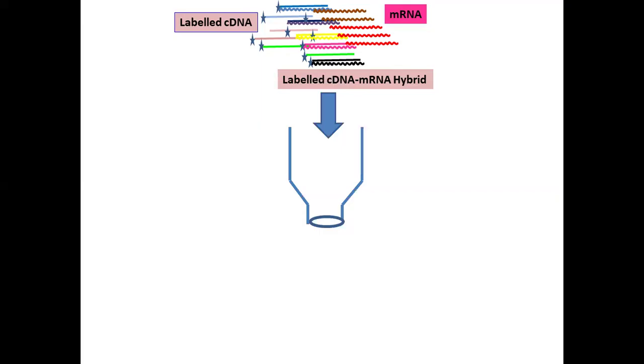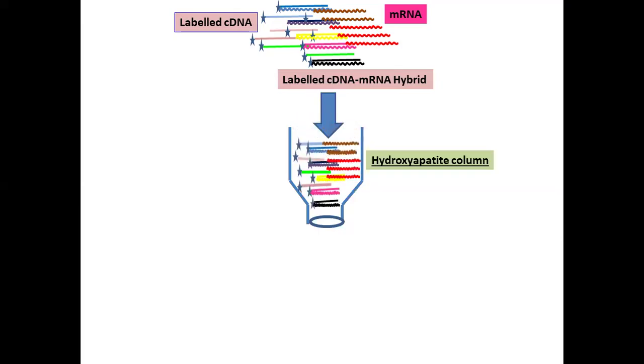Now, when you pass this mixture through the hydroxyapatite column, you all know that the column has three different nucleic acids: single-strand mRNA molecules, single-strand cDNA molecules, and double-strand hybrids of mRNA and cDNA.